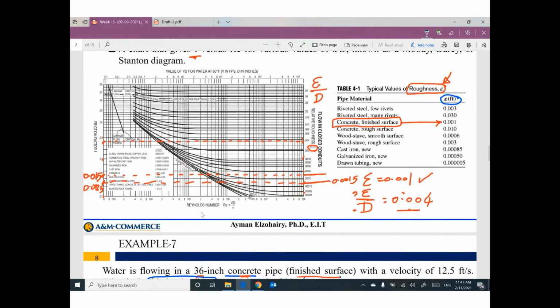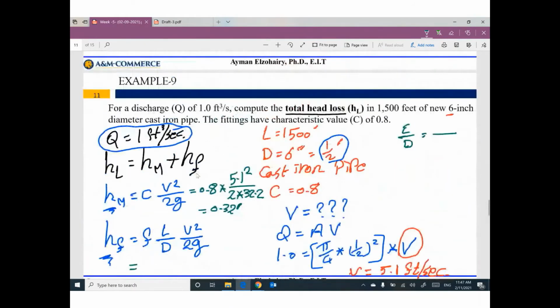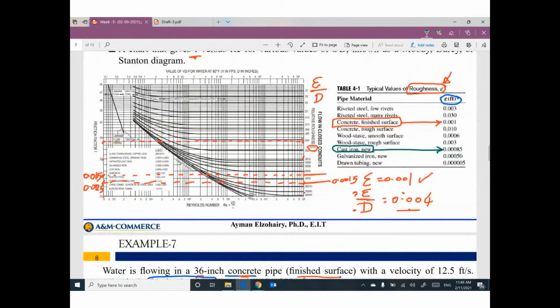We have cast iron new pipe, so the value of roughness is 0.00085, and the diameter value is 1/2, so the value will be 0.0017.